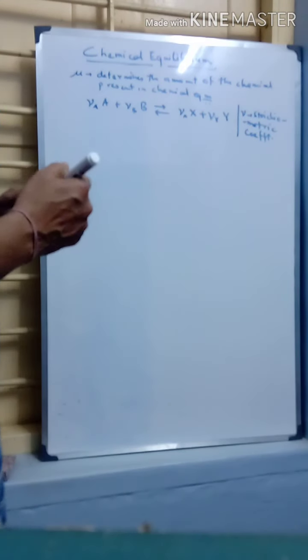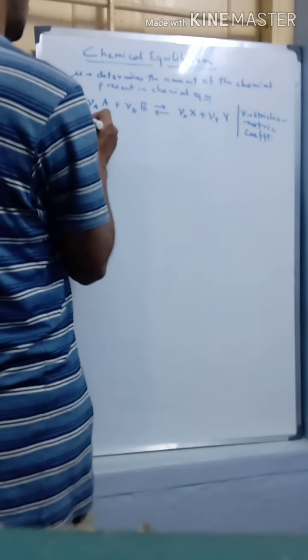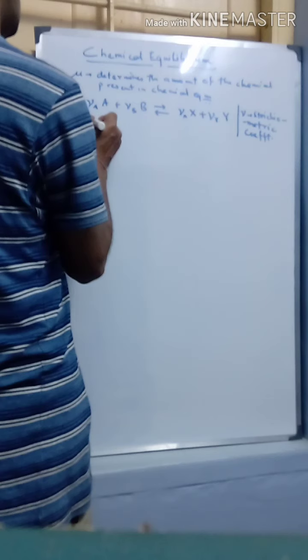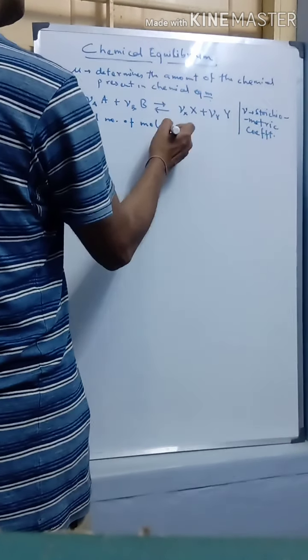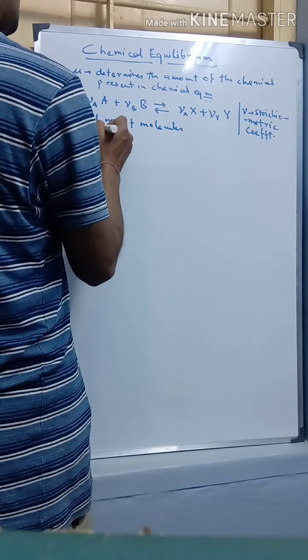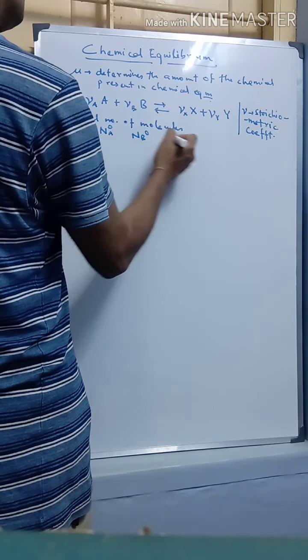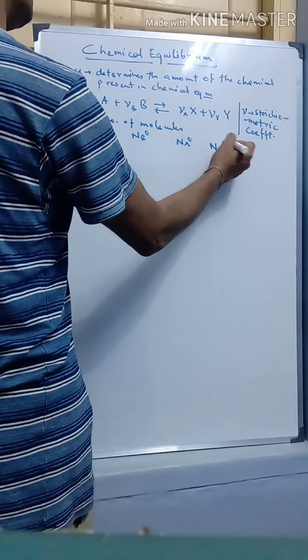And let us assume that the corresponding initial number of molecules present is Na0, Nb0, Nx0, Ny0.